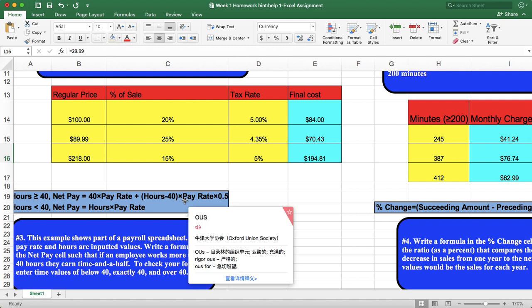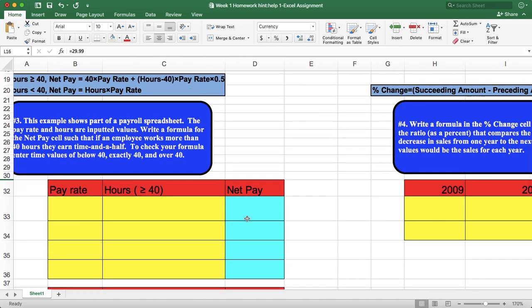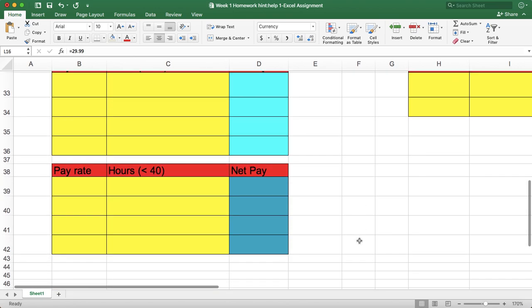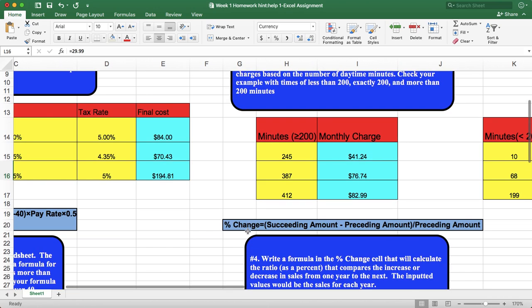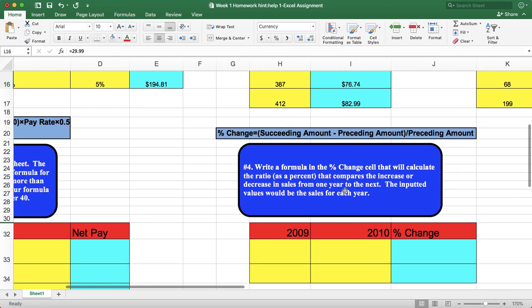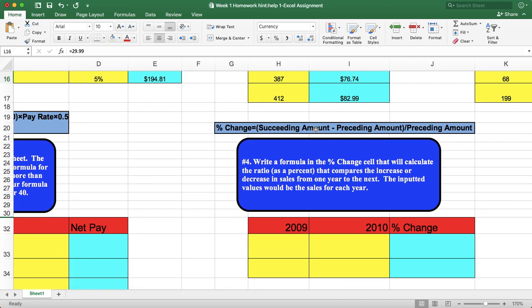I already give you the formula. What you do is convert the formula into an Excel formula. Also, problem 4, yeah, I give you the formula.